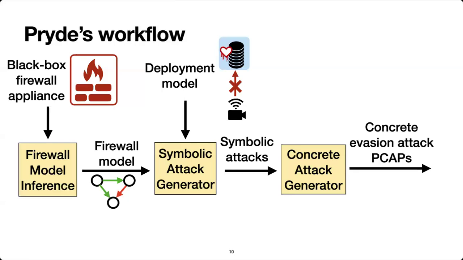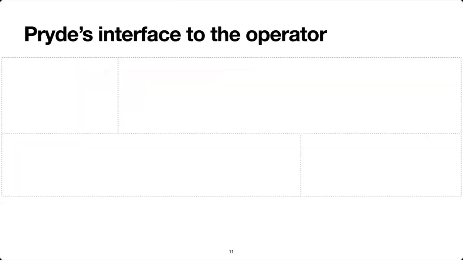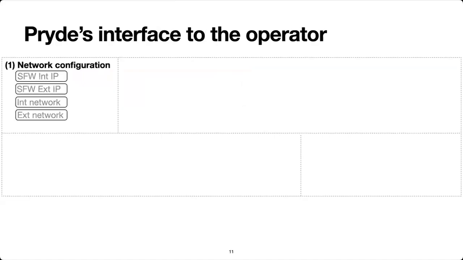So before I describe all of these three modules in detail, let me show you how an operator would actually use Pryde in practice. So this is the interface that Pryde provides to an operator. So first, the operator just needs to specify the network configuration, so the firewall IPs and the subnets and IPs of different networks that are present.